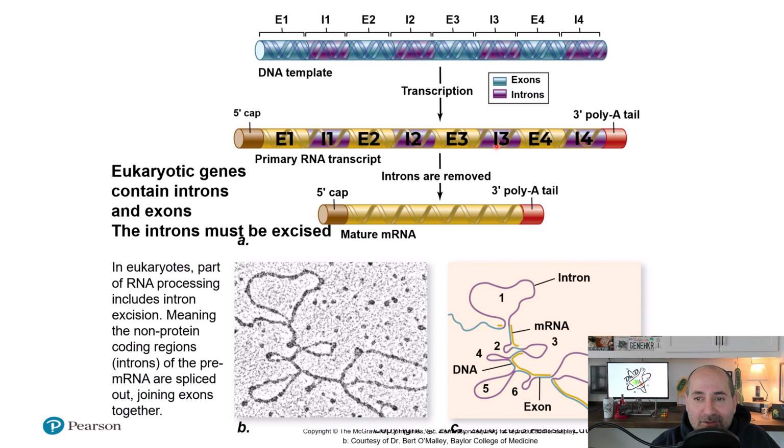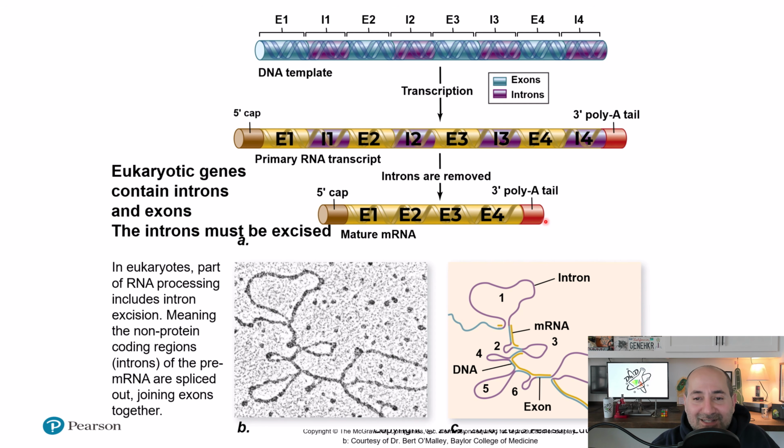Because we cut out the purple portions, the introns. Now you've got your 5' cap, you've got your 3' poly A tail, and you've removed the introns. This means exon 1 is right next to exon 2, right next to exon 3, right next to exon 4, and your mature mRNA is going to be shorter, and it's ready to export to the cytoplasm to meet up with ribosomes for translation.